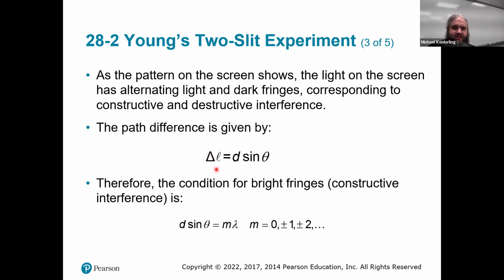This is assuming that the screen is far away. So the condition for bright fringes is d sine theta equals an integer times the wavelength. And then in between there are dark points.